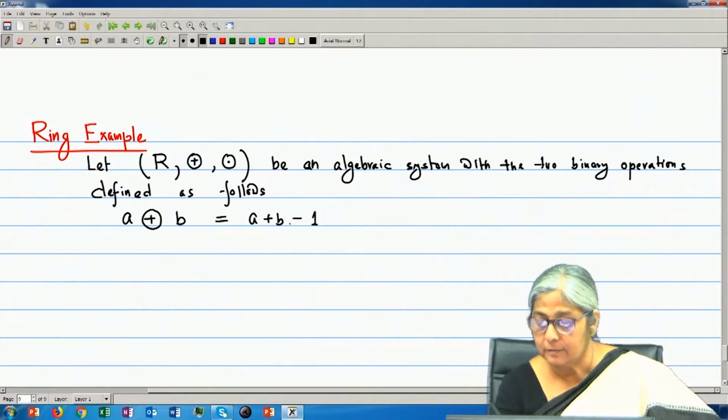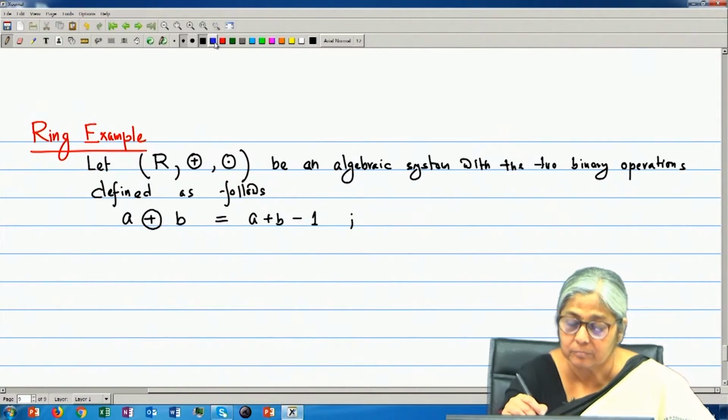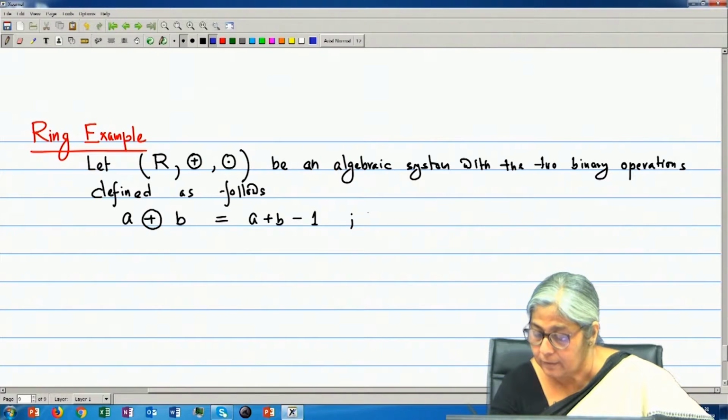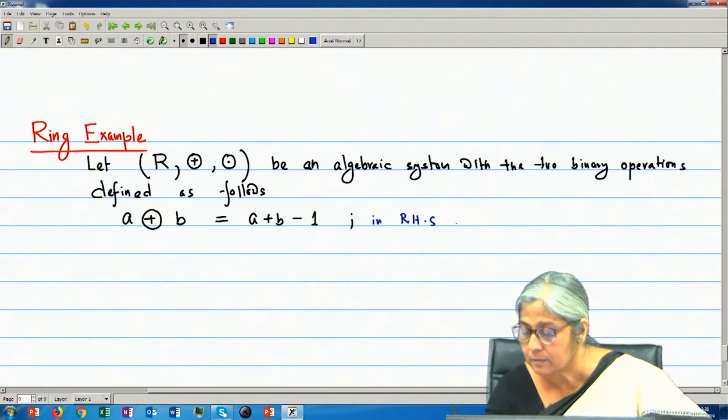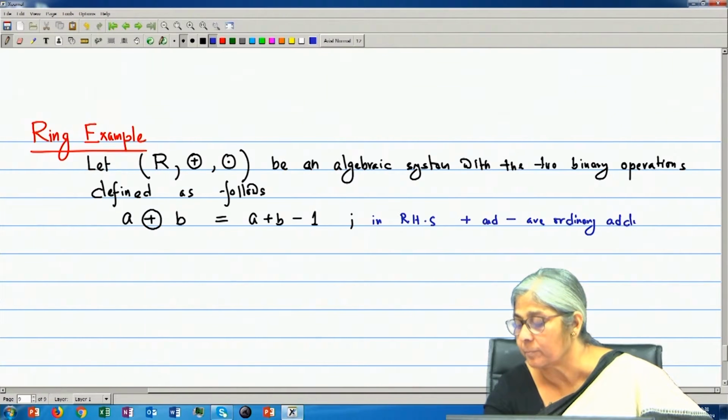Here on the right hand side, plus and minus are ordinary addition and subtraction.